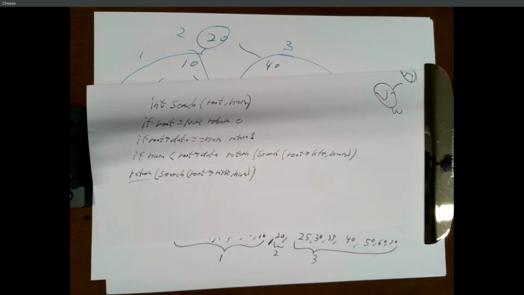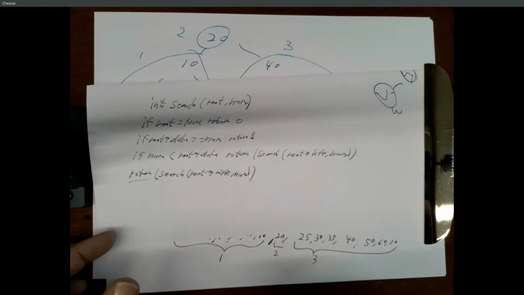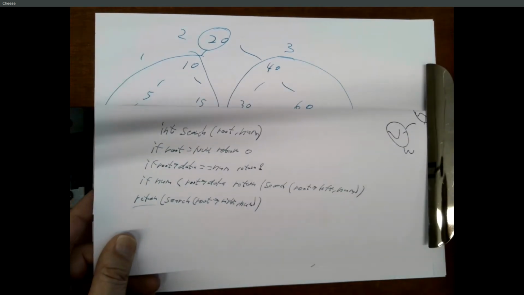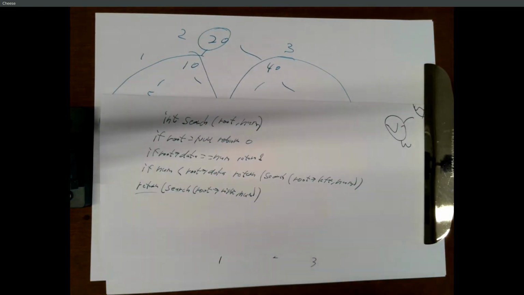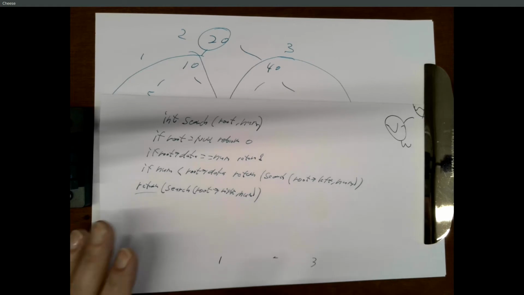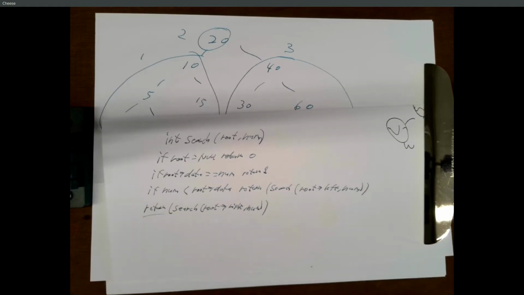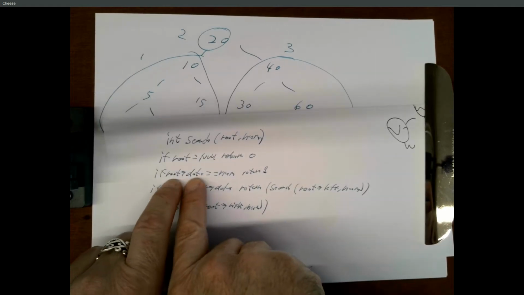Right, so it's that return value that's going to trickle up. Right, right. So if I'm searching for 15, I'm going to say 15 is smaller than my data.